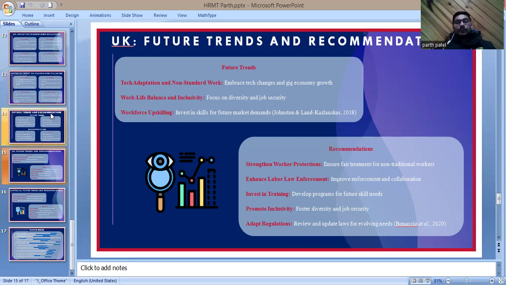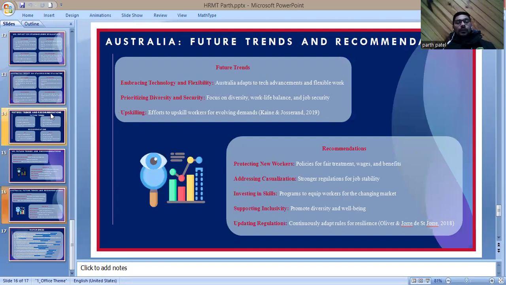Next, for Australia, if we talk about Australia, the future holds a lot in store, changing the new technology, work relations, environment. They are also focused on diversity, work-life balance, job security. They enforce the upskilling of the workforce and evolving demands. Here are some recommendations.